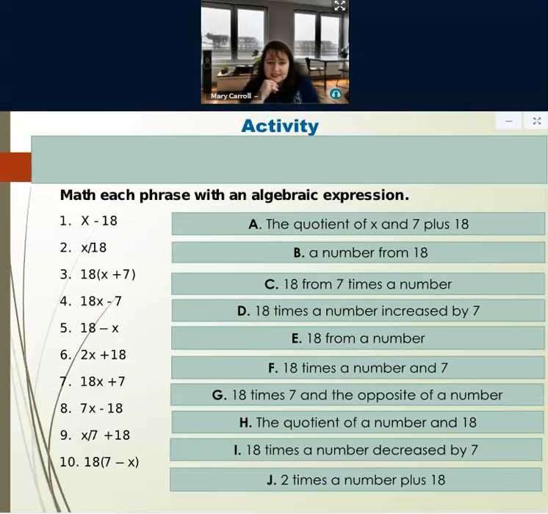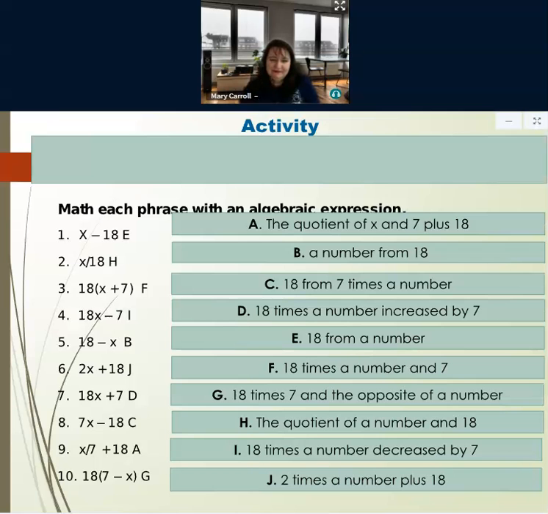Alrighty, so here's an activity. I want you to match up these expressions with the algebraic expression and pause the video. Alright, there's your answers. Hopefully you got them. They'll tell you which one they go with. And as I said, I did move them around a little bit.